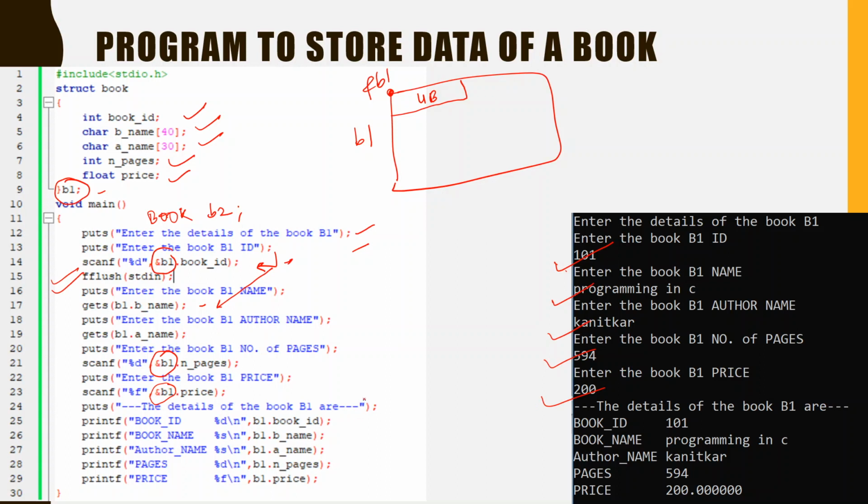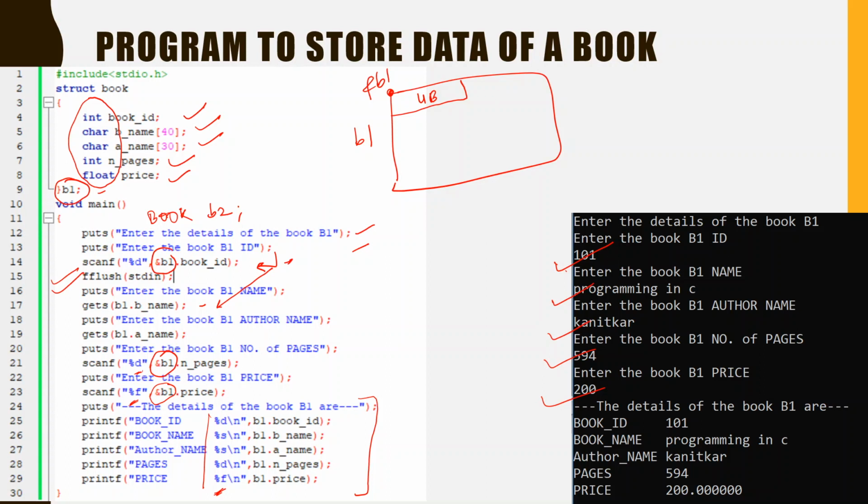Now while printing, you can write like this and print with the respective format specifier. One thing to note is that the format specifiers during scanf and printf always depend upon the fundamental data types of the member elements.